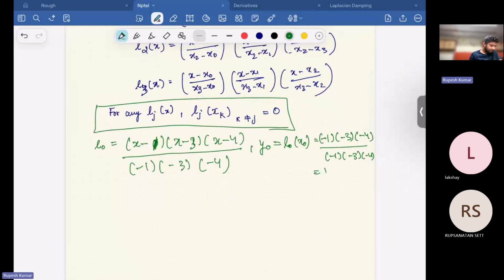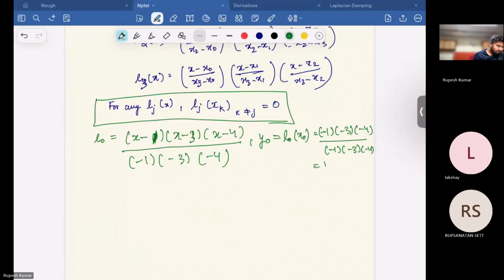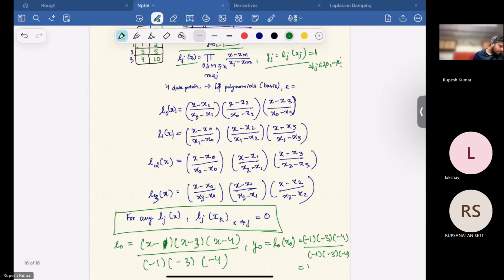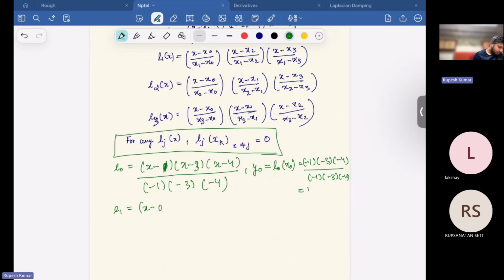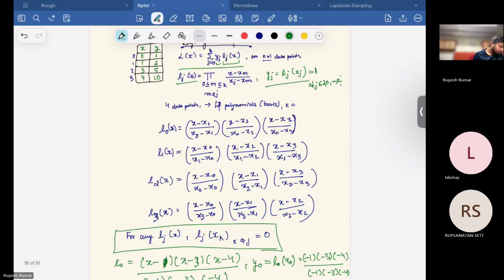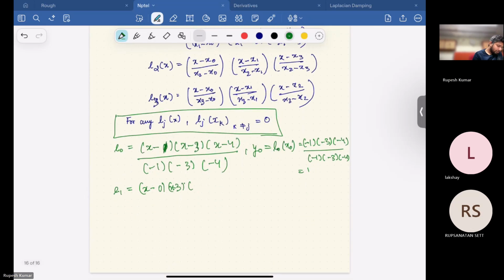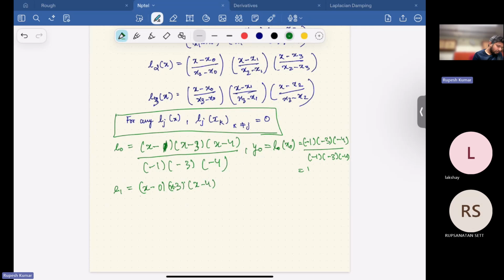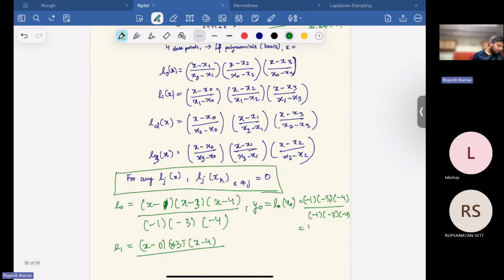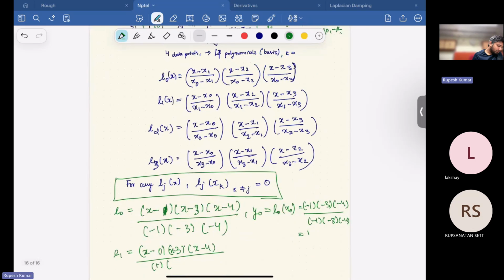Now, L0 is known. Now I can compute L1. Similarly, L1 would be x minus x0, which is 0, x minus x2 (x minus 3) into x minus 4, divided by 1 minus 0, 1 into 1 minus 3, minus 2, into 1 minus 4, which is minus 3.